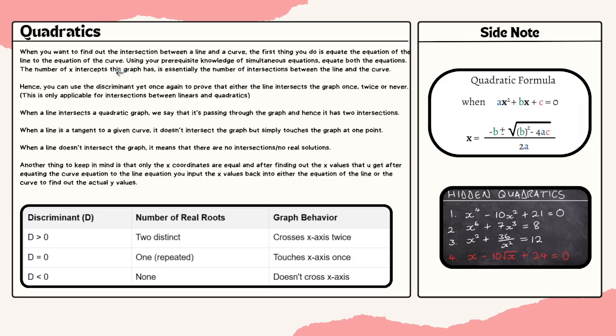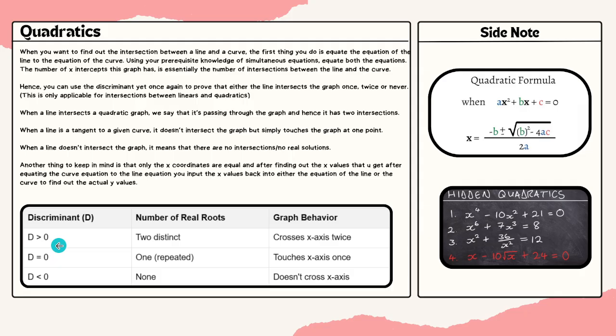The number of solutions that equation has is the number of intersections between the line and the curve. So you can again use the discriminant to find out how many intersections there are between your line and graph. It could be once, twice, or never. And you use the same concept as usual for the discriminant.